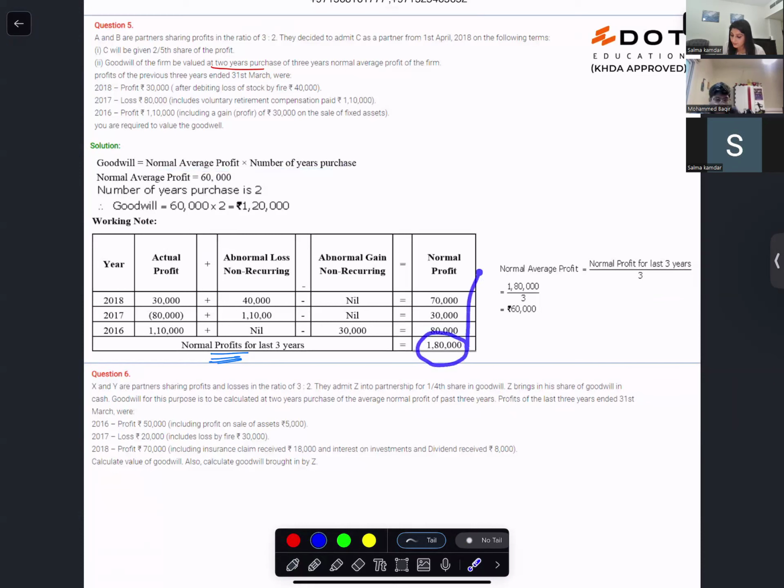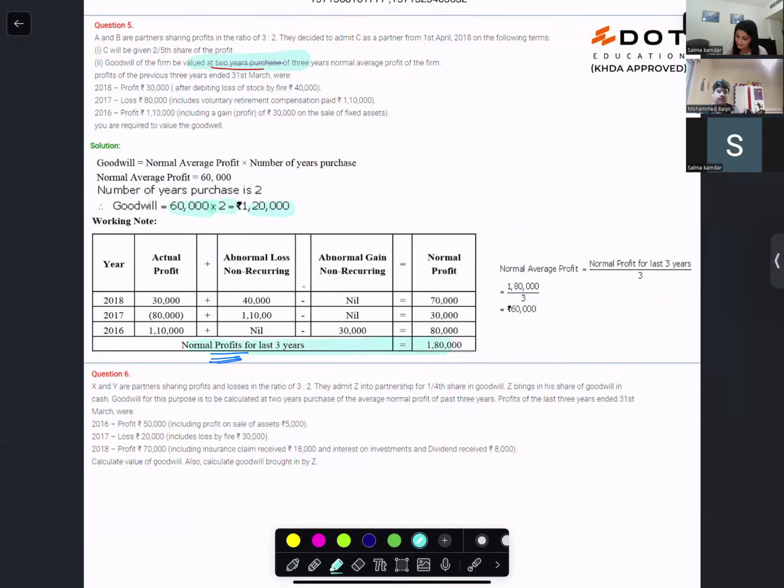Normal profit divided by 3, so 180,000 divided by 3. So your average normal profit is how much? 60,000. Number of years purchase is 2. So goodwill will be 60,000 into 2.